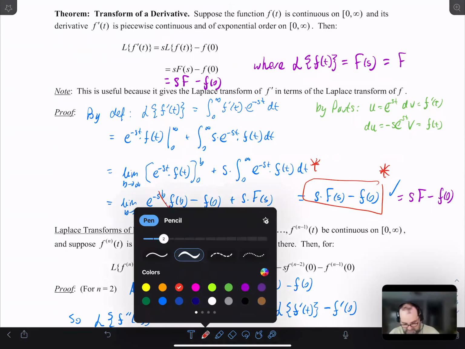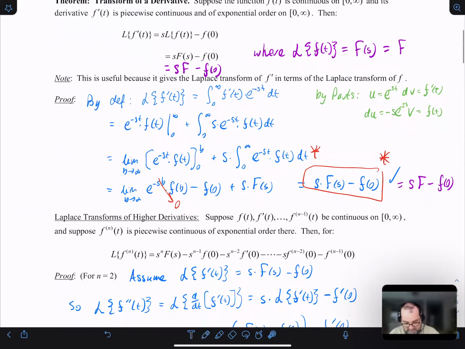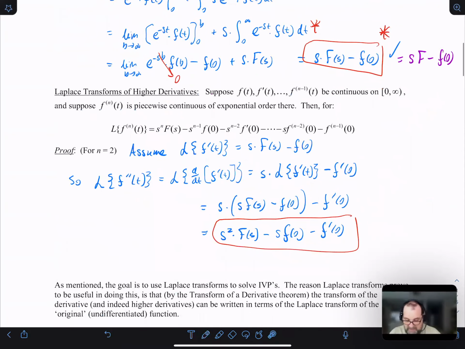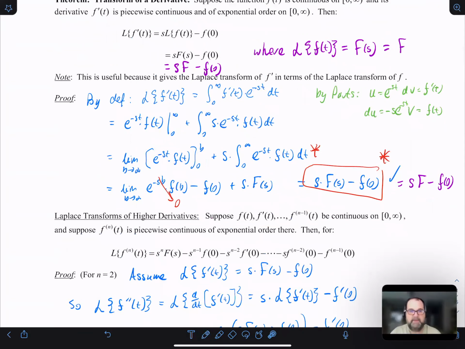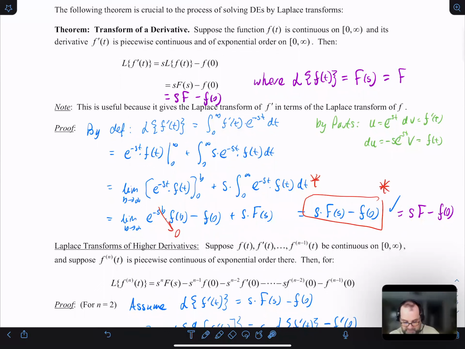All right, so that tells us how to take the Laplace transform of a derivative. And if you think about it later on when we've gotten through this stuff, what you'll perhaps hopefully appreciate is that this is what makes this whole thing work. Taking the Laplace transform of a derivative can be represented in terms of F of s, the Laplace transform of the antiderivative of the original function.